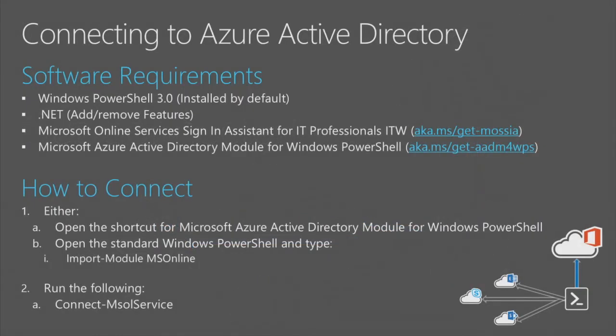The first one is connecting to Azure Active Directory, which is our directory structure in Office 365 that you're going to use to manage your users. Whether you have provisioned users directly into Office 365 by just clicking the plus sign and adding a user, or you're using something like directory synchronization to take the users that exist on premises, sync them to the cloud, and use the services up there.